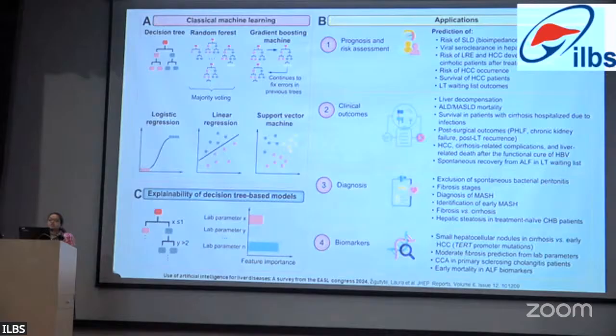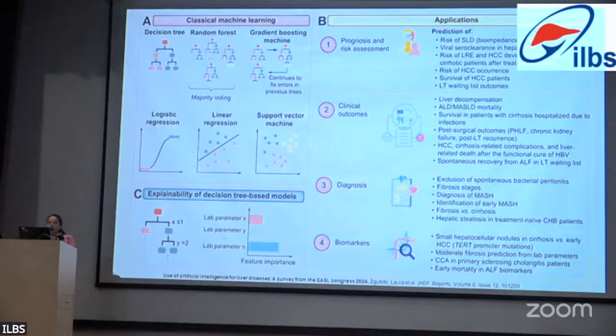So if we see what are the different sectors that we can start thinking of: the prognosis and risk assessment, clinical outcome prediction, diagnostic model development, and biomarkers based on different types of modality, like genomics, lab-based data, or maybe radiological data.